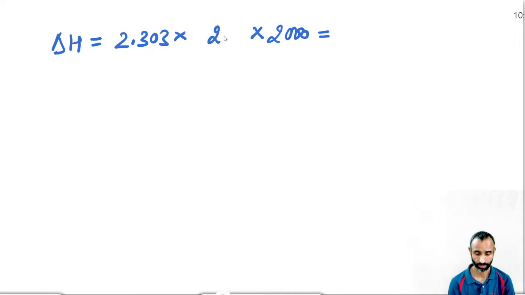To make it easy, take 2.303 as 2.3 only. So what is the value?